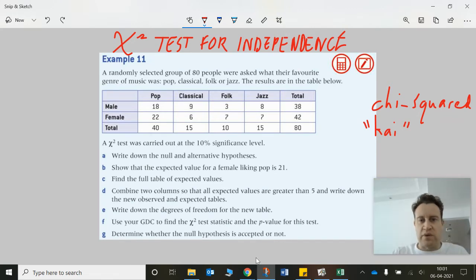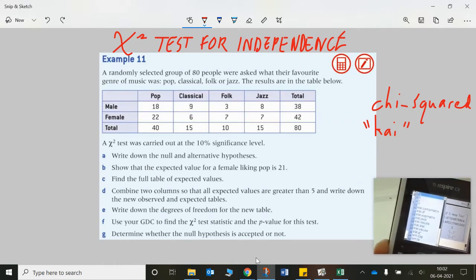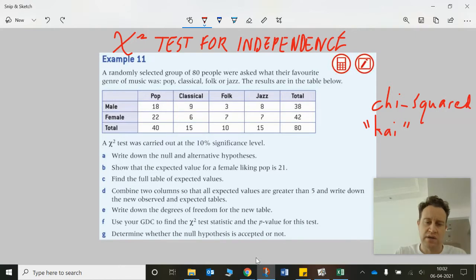Okay, now I haven't got my table of expected values at the moment, but now that I've done that and I've defined my variable, I'm going to press variable, and you'll see there's a whole list. What I want is stat expected matrix. So we go down to stat expected matrix.